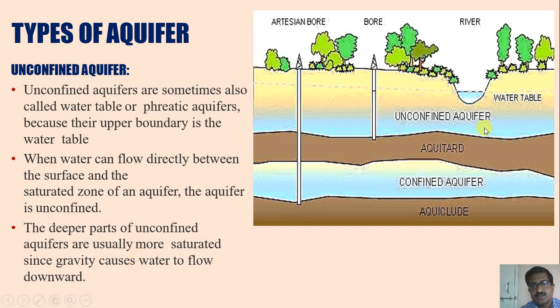Again you can see this unconfined aquifer followed by the aquitard, and again followed by the confined aquifer, and below that the aquiclude is present. So this confined aquifer is between this aquitard and aquiclude.